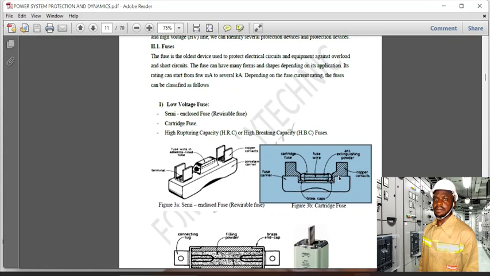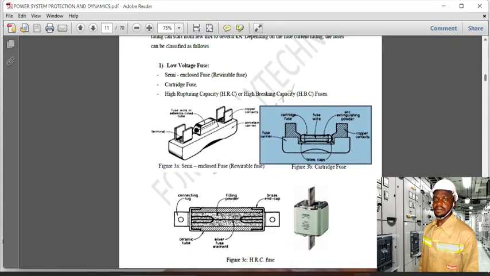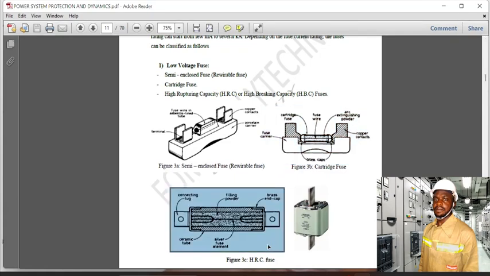So it has the same operating principle as the rewirable fuse, and it is also rated. These fuses are also rated, but the ranges of current are very small compared to the third one, which is the high rupturing capacity fuse or the high breaking capacity fuse. Even though it is for low voltage application, it has the ability to support a current of 1000 amperes.